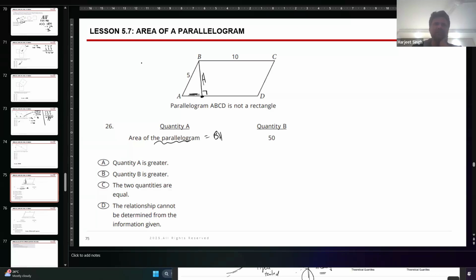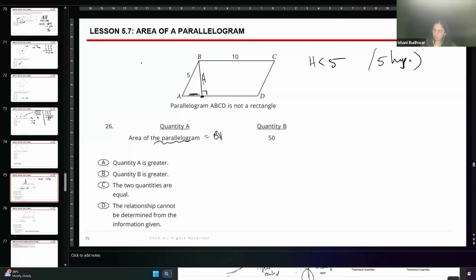But that doesn't mean that answer is D. Because if you carefully observe, height will be less than 5. Yes or no? Because 5 is the hypotenuse. Since 5 is the hypotenuse, the other side will always be less than 5 in that right angle triangle. And if I take area of parallelogram as base into height, we know base is 10.